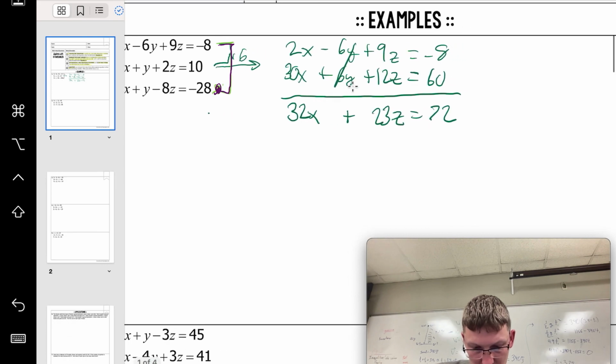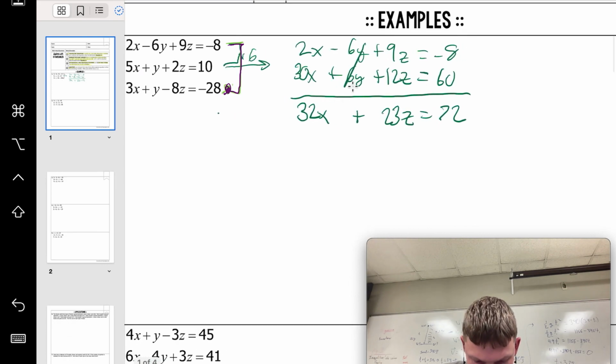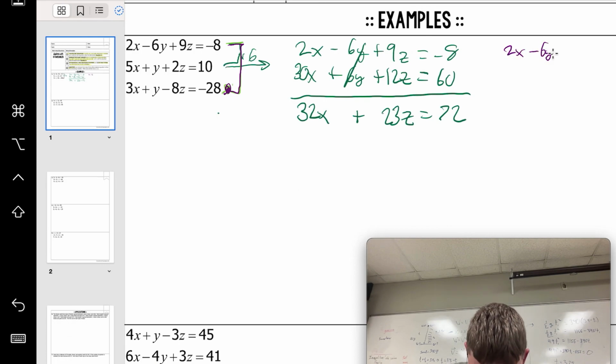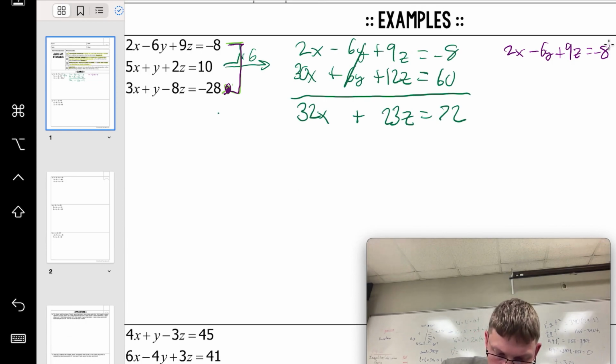The top equation, we're going to leave it alone. 2x minus 6y plus 9z equals -8. So this third one down here, we're going to have to multiply that by 6 as well, for the same reason we multiplied the first one by 6. So we want to get those y's to cancel out. So I'm going to put a little multiplied by 6 right there.